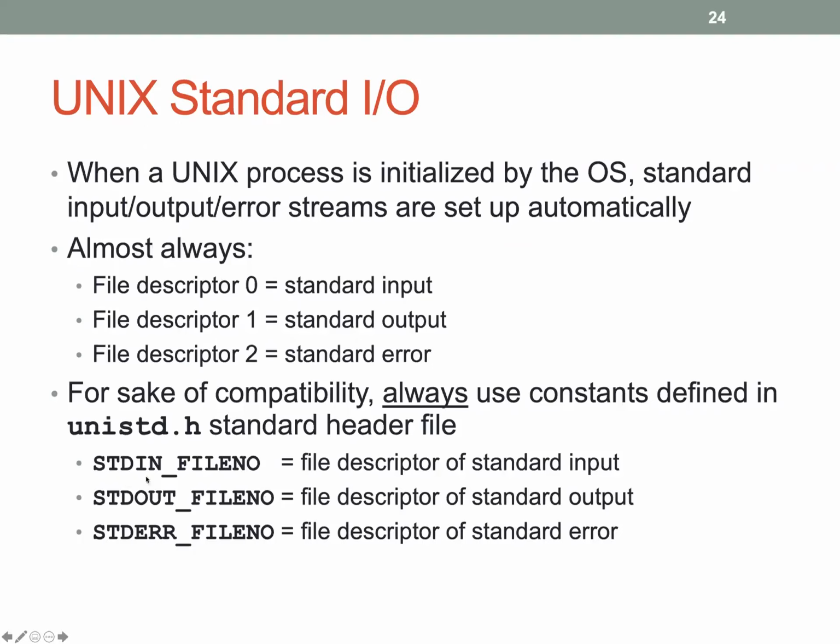So you want to use STDIN_FILENO, STDOUT_FILENO, and STDERR_FILENO, so that your programs are not going to be broken if the definition of standard input, standard output, or standard error ever changes. Just be aware that those things are there and you really should be using them.